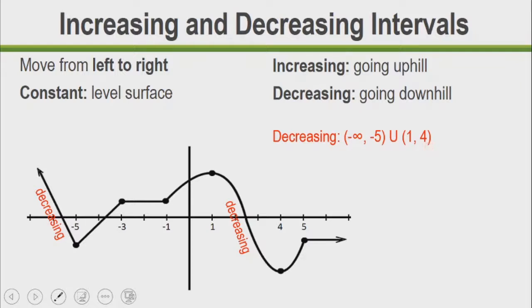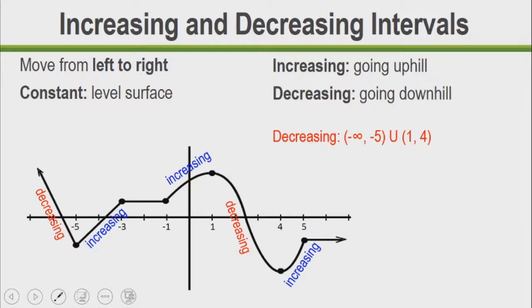So for the increasing part, we see that from negative 5 to negative 3, this function is going uphill, so it's increasing. Also, from negative 1 to positive 1, the function is also increasing.